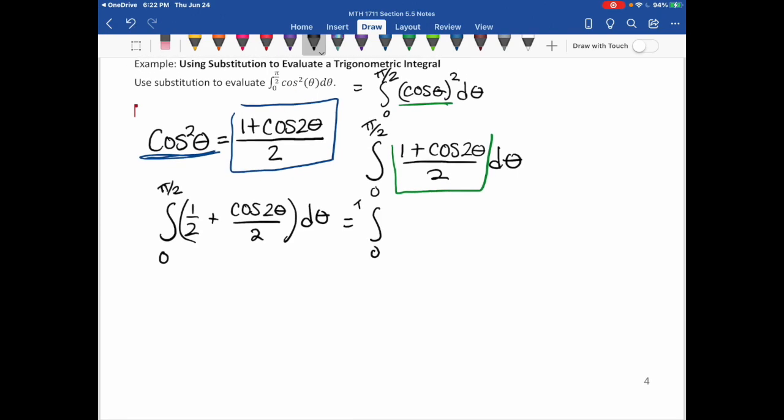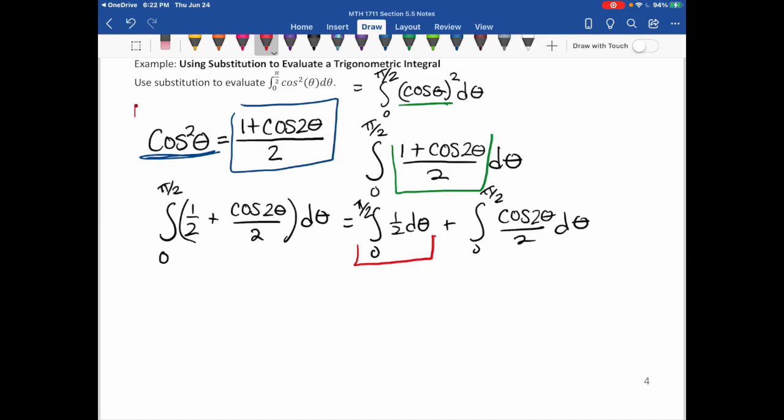Now I can split it up using my properties of integrals. I can say that this is equal to 0 to pi over 2 of 1/2 d theta plus 0 to pi over 2 of cosine 2 theta over 2 d theta.